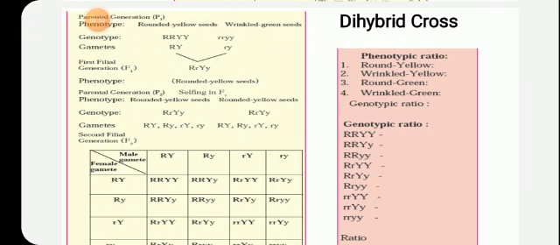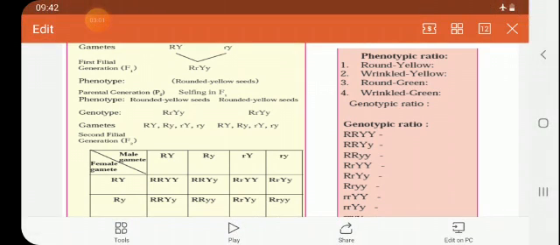The gametes obtained from them will be capital R capital Y, capital R small y, small r capital Y, and small r small y. Four types of gametes will be obtained.